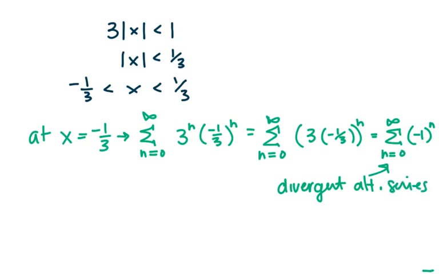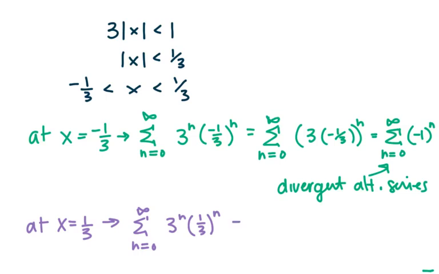And we'll also test the other endpoint, positive 1/3. So at x equals positive 1/3, what does that sum look like? We have the sum from n equals 0 to infinity of 3 to the n times positive 1/3 to the n, which gives me the sum from n equals 0 to infinity of 1 to the n, which is the sum as n goes from 0 to infinity of 1.